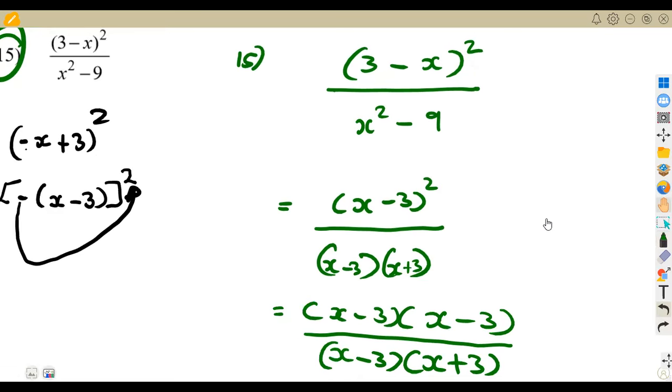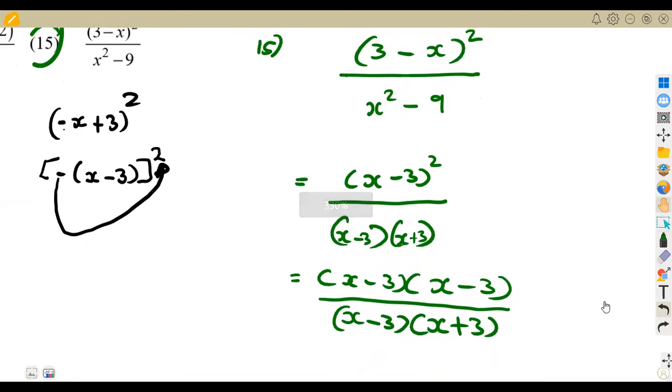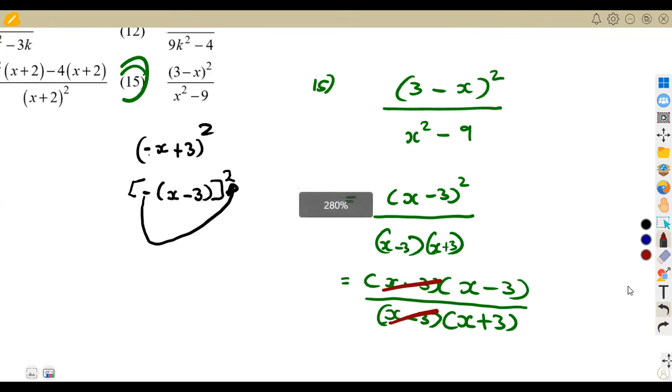So this can be simplified as we can see that here the x minus 3 can cancel with this x minus 3. All right, there is another one remaining. So which one is it going to cancel? There's nothing that it can cancel. We do not have any other x minus 3.